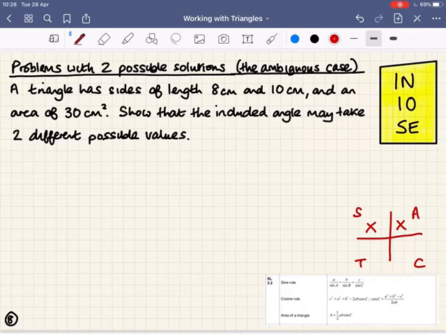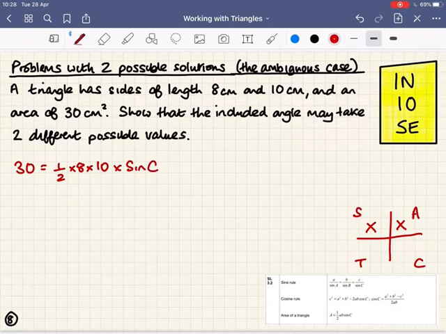So let's have a look at this. We know that we've got an area of 30, and it was equal to a half times 8 times 10. The triangle has got sides of length 8 and 10, and its included angle we're trying to find. So half AB sine C, for example, let's call the included angle we're trying to find C. And it gave an area of 30.